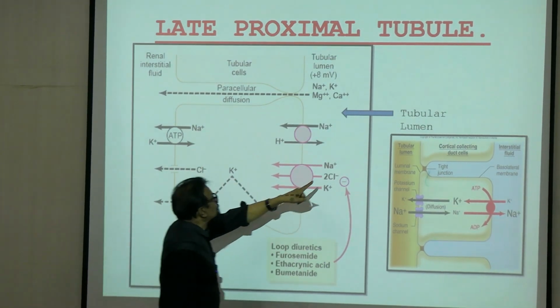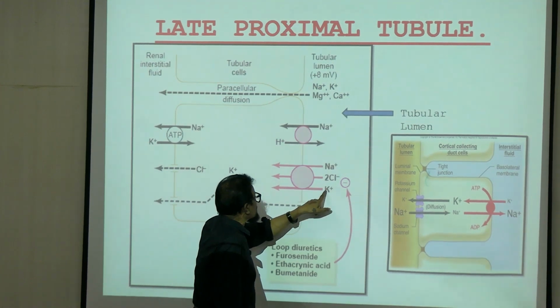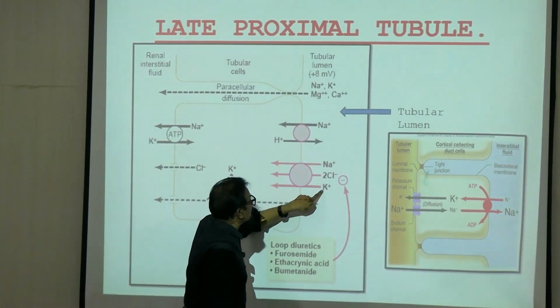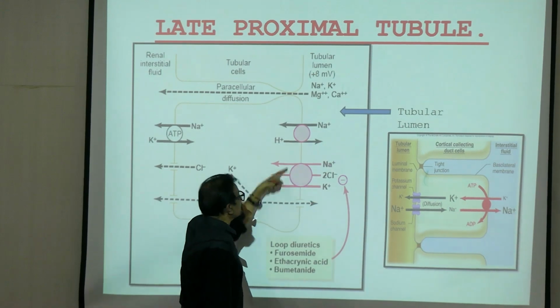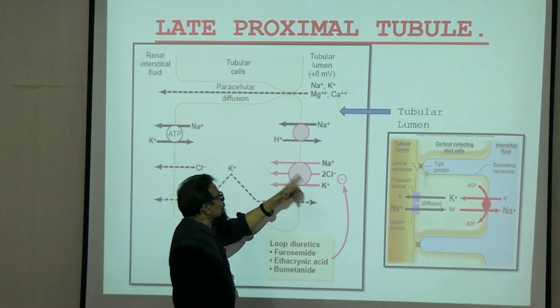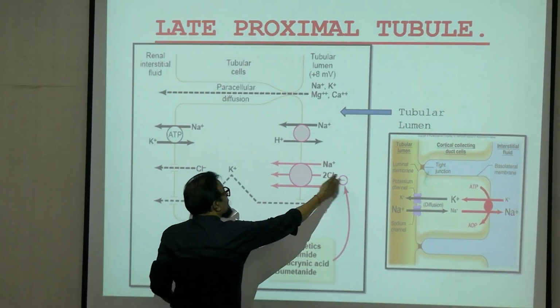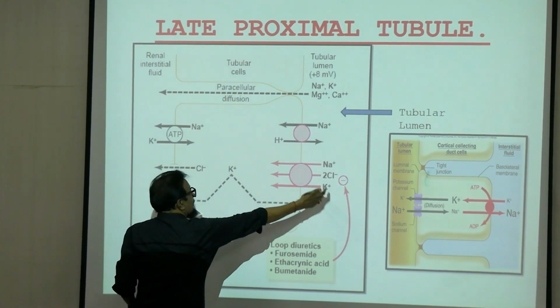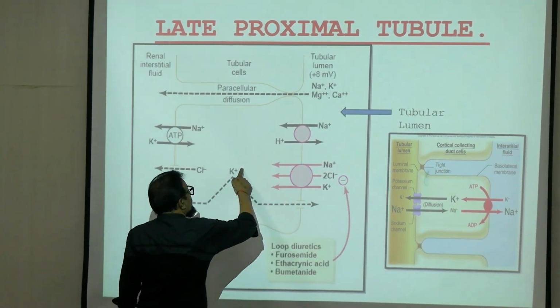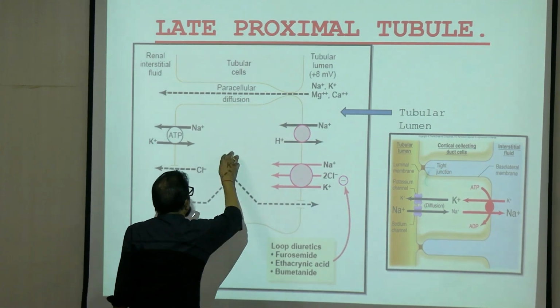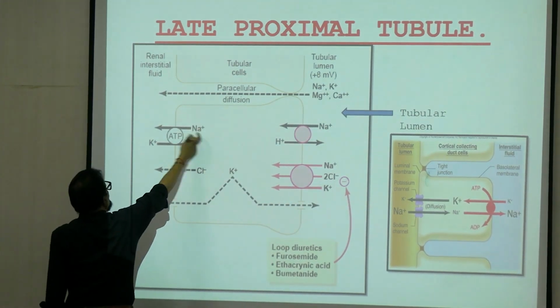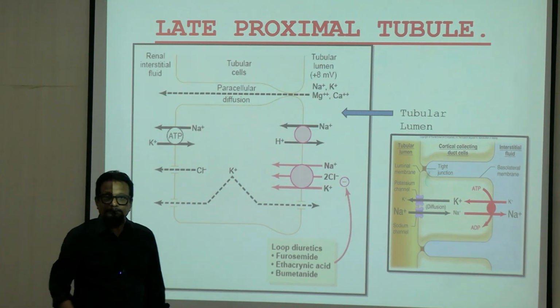And here also sodium, 2 chloride and potassium ion. This is called the sodium-potassium-2-chloride co-transporter. This will facilitate absorption of sodium from the lumen into the cell. From this cell, the sodium will be sent back to the blood.